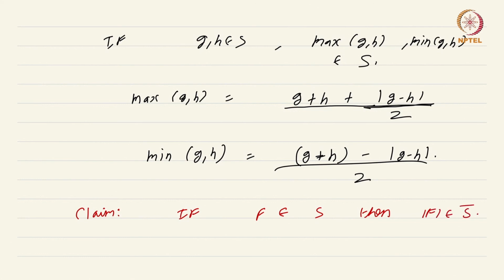I'm going to show this instead. Then I'm going to leave it to you to see that this claim will immediately get rid of the additional assumption. That additional assumption is not really going to make that much of a difficulty for us. I'm not going to give the full proof intentionally; I'm going to leave a bit of thought to you. I'm going to show that if f is in S, then mod f is in S closure.